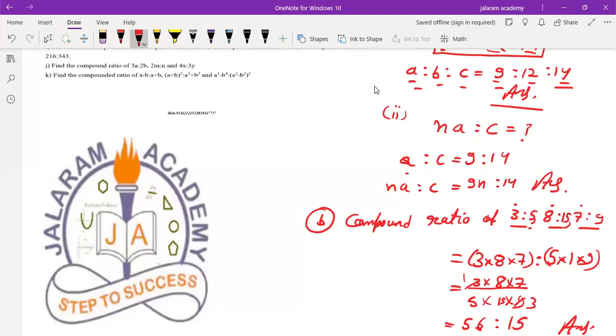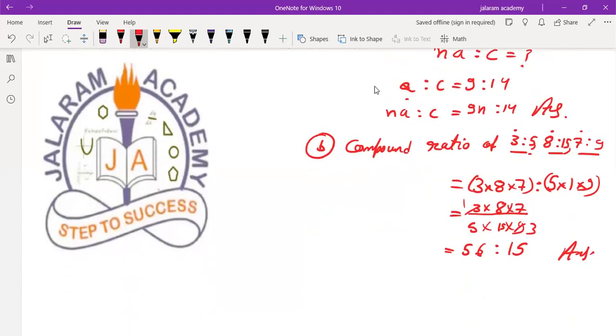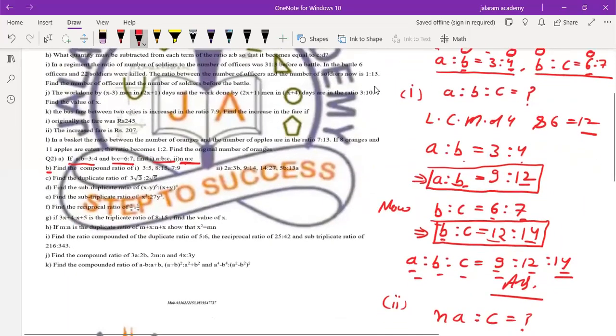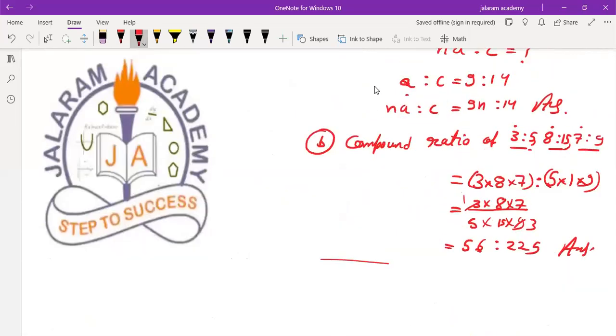Now no one can be cancelled. 8 7s are 56, 15 3s are 45, 5s are 225. Okay. So the answer is 56 is to 225 then. If it is 15 in place of 1, then also it will be correct. So very easy questions.